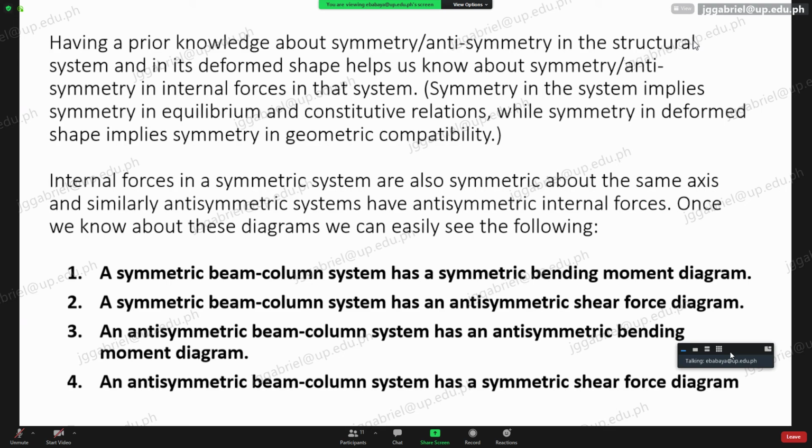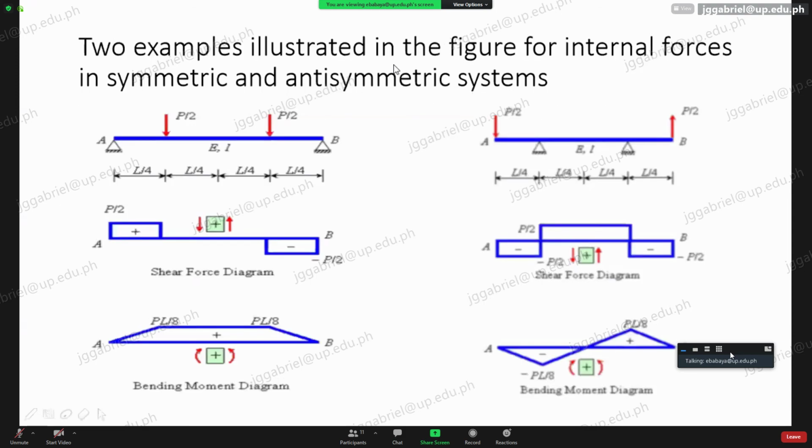Yung beam diagram, it always follows, no? Symmetric din yung beam diagram. Antisymmetric din yung beam diagram. Yung opposite is always the shear force diagram. Pag symmetric, antisymmetric yung shear force diagram mo. Pag antisymmetric, symmetric yung shear force diagram. Yeah? Nagets natin? Okay, this is how it is.